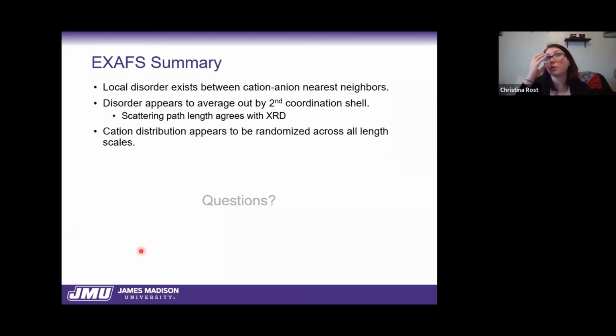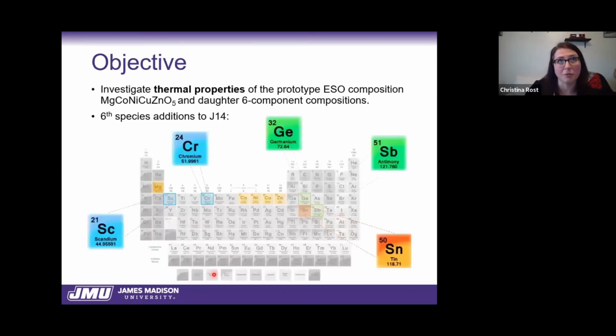Okay. So the next part of the talk, basically I'm giving you a timeline from my PhD, and now I'm going to step into one of the studies we did as a postdoc before I took my professor appointment. This work was done when I became a postdoc at the University of Virginia. Our objective here was to investigate the thermal properties of our ESO composition, of J14.